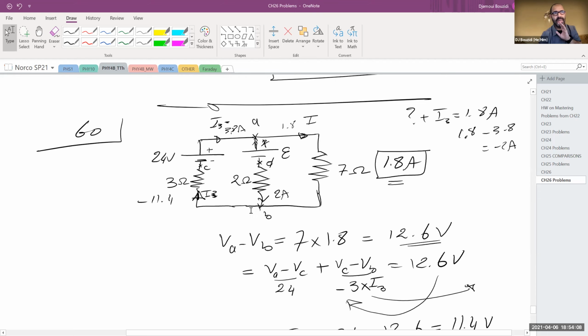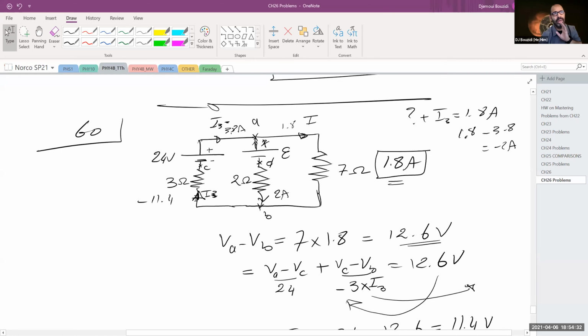On this side, it's still 12.6 because there is a drop of 24, but a rise of 11.4 when we're coming this way, because we're going against current, the current that is being pushed by this very same battery. So in this case, since we're coming down against the battery, we're going against the current. So this is a drop, and this is a rise, and that is also 12.6.